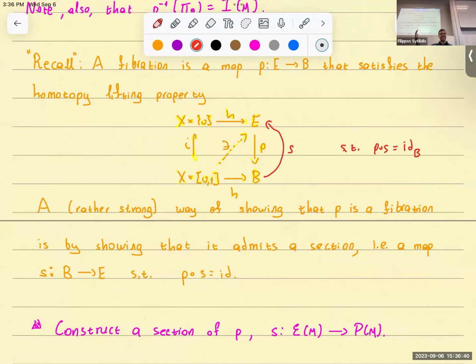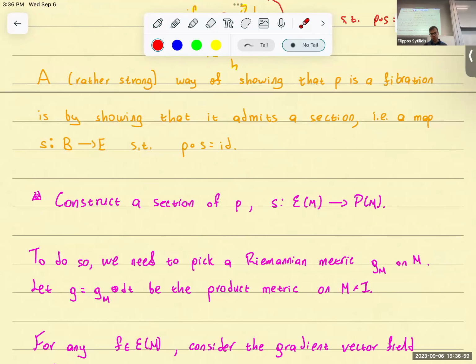I just compose with this map and I can lift whatever you give me. So the homotopy lifting property is a weaker notion than having a section, but if you have a section, that's just what we're going to do.